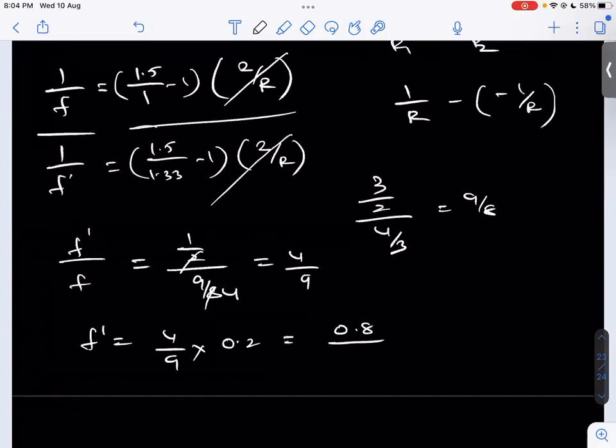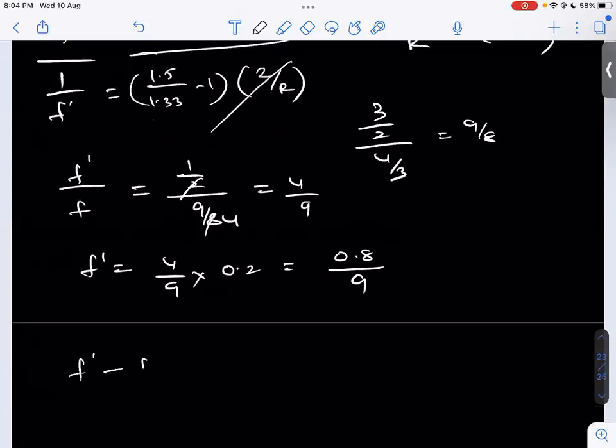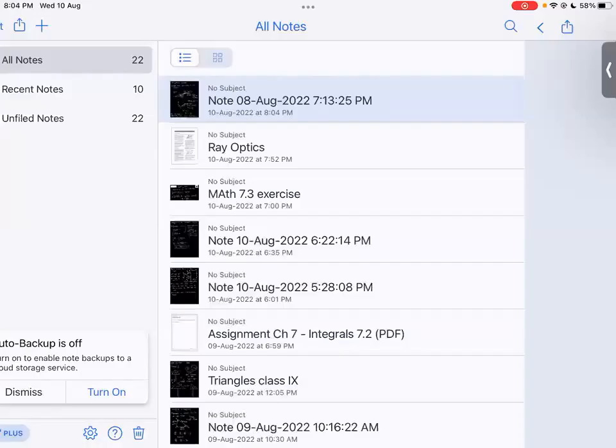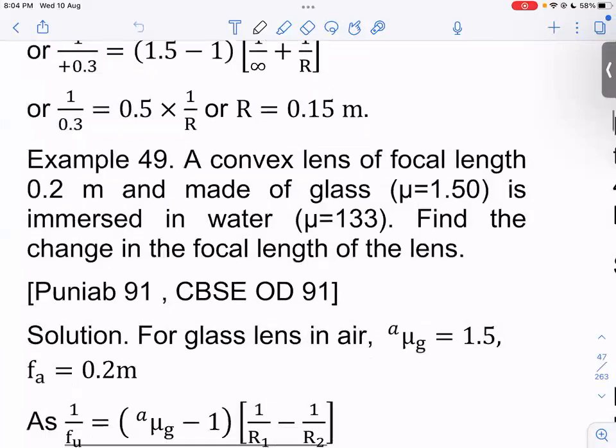So 0.8 divided by 9. So what is f dash minus f? 0.8 by 9 minus 0.2 is minus 1 divided by 9. So change in focal length is going to be minus 1 divided by 9.